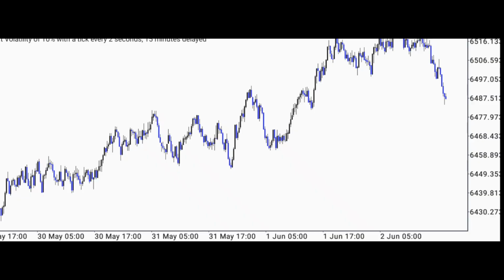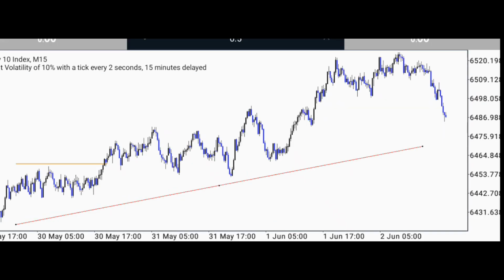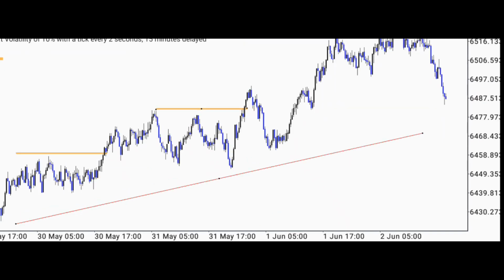As we can see, this is the uptrend. This is an obvious structure. Why is it an uptrend? It's because it is making higher highs and higher lows, breaking structure. This is a break of structure, this is another break of structure, and this is another. From this, you can see that this movement is breaking structure and maintaining its higher lows.